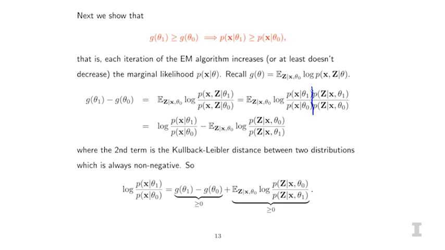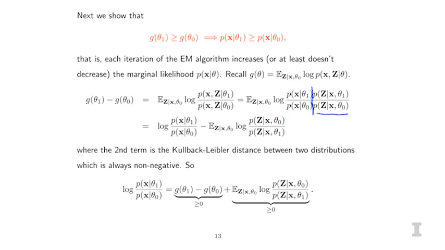But the ratio on the left of the blue bar doesn't depend on z, so we can take it outside the expectation, which is this term. For the term on the right of the blue bar, we keep it and flip the numerator and denominator, so now theta 0 is in the numerator. And then we add a minus sign in front of this.